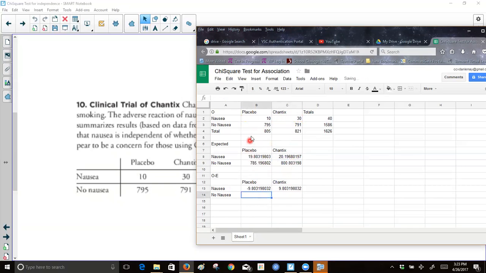And look at that, the same thing. Equals that minus the expected, equals that. Whoops, something's not right here. Equals that cell minus the expected. Okay. Then we're going to take and square each of those differences.